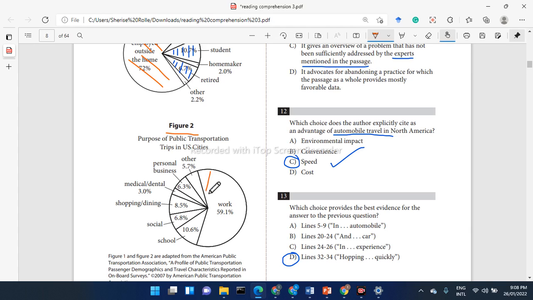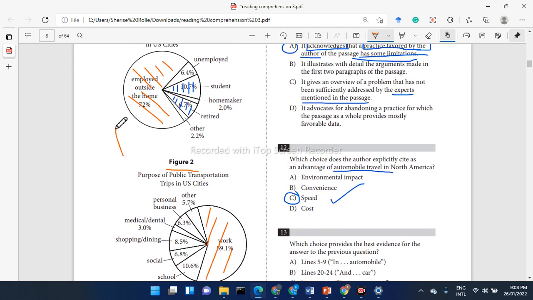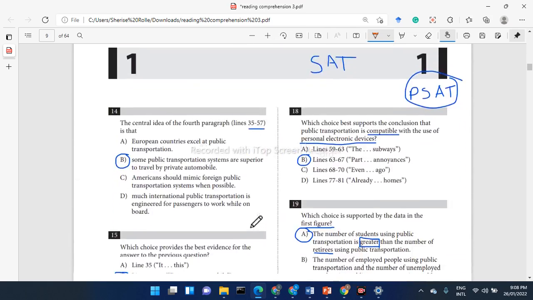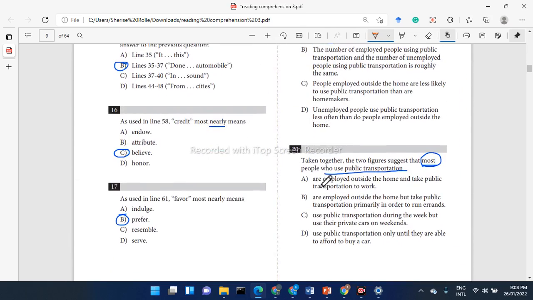To get to work. Good. So what two groups would use public transportation? Employed people outside the home, and people who take it to work. So the correct answer here would be A, people who are employed outside the home and take public transportation to work.